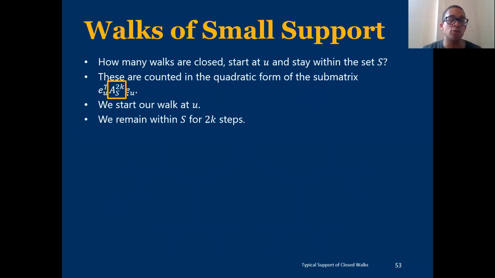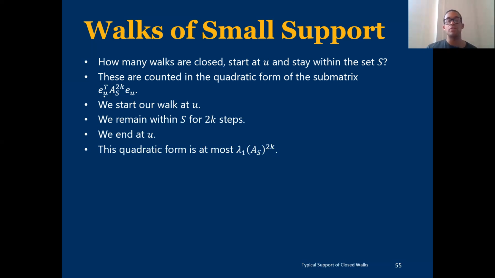That's represented by taking the adjacency matrix on the induced subgraph of S, the principal submatrix on S, and raising that to the 2kth power. And then we end our walk again at u, represented by using the elementary vector on u again. So this quadratic form has value at most lambda 1 of A_S to the 2k.